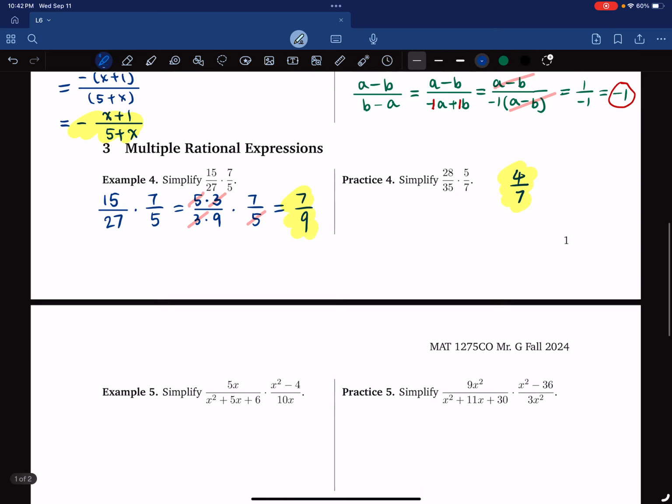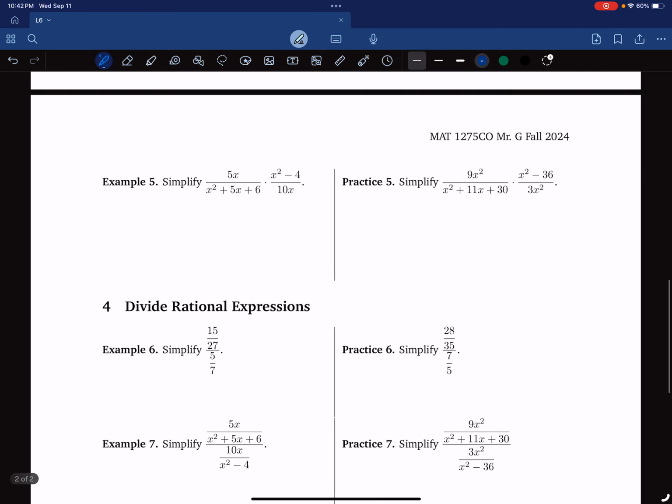All right, let's move on to example 5. Example 5 is the real business, right? Because this chapter is about rational expressions. First step, factoring. We need to find the common factors. 5x, I'm going to factor into 5 times x. That's pretty straightforward.